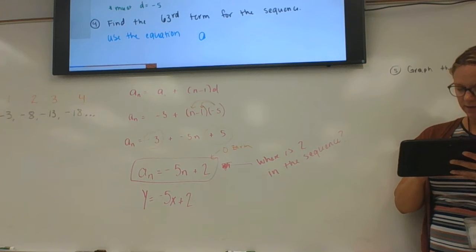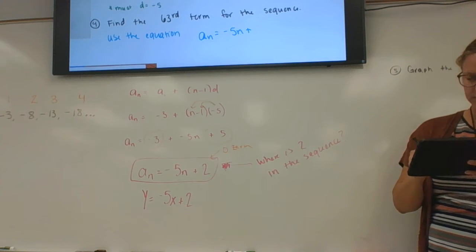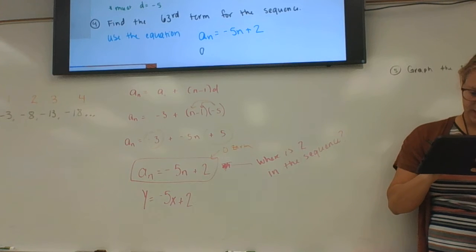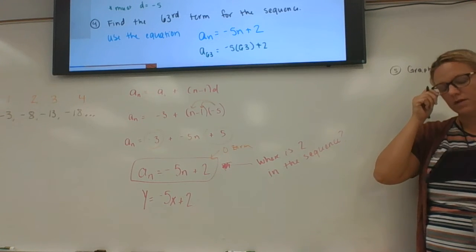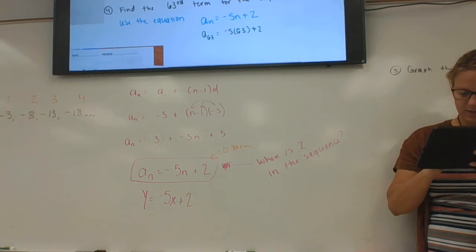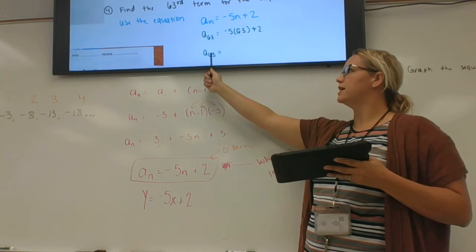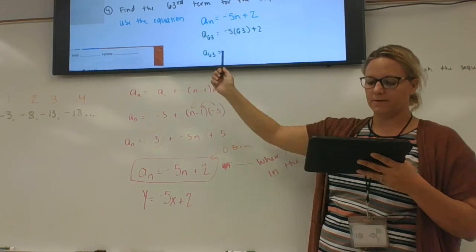So I'll rewrite the equation. There's our equation. I'm going to do A with a little 63 equals -5 times 63 plus 2. A with a little 63. Nothing mathematical, just telling anyone looking at my math that what I'm finding is the 63rd term.